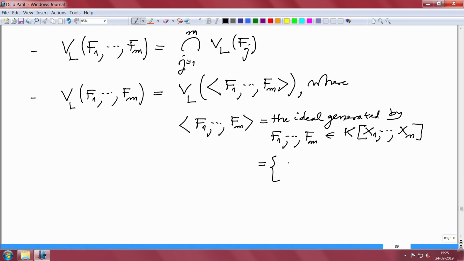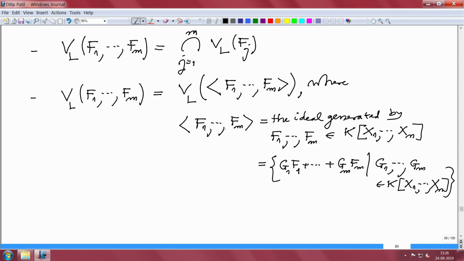So, this is precisely G1 f1 plus G m fm, where these G1 to Gm vary in the polynomials over k. This is precisely this ideal, and it is clear from this description that if the Fi's vanish at some point in Ln, then this combination also vanishes, because we know how to evaluate the product and the sum, because the evaluation or substitution map is an algebra homomorphism.